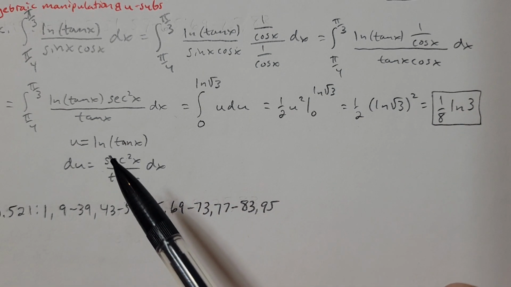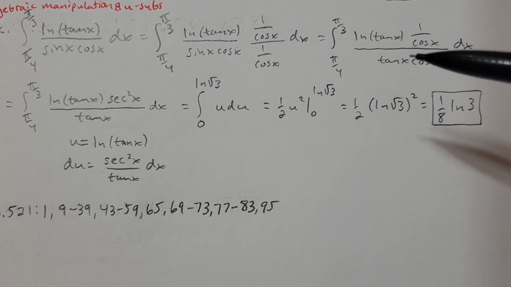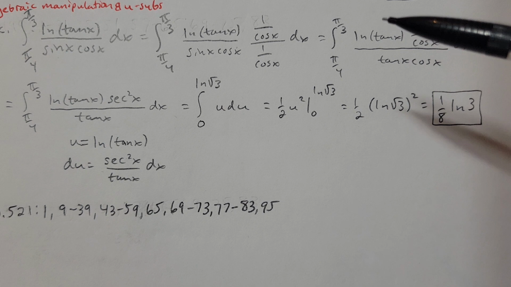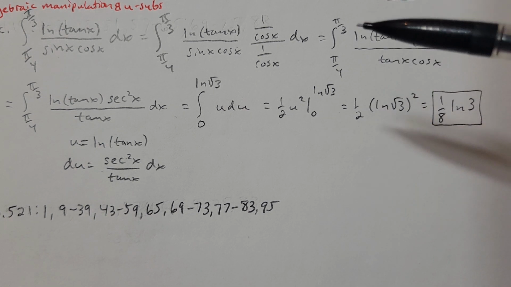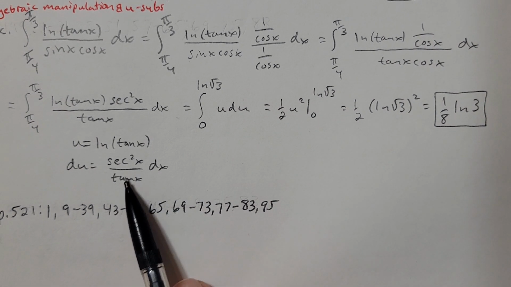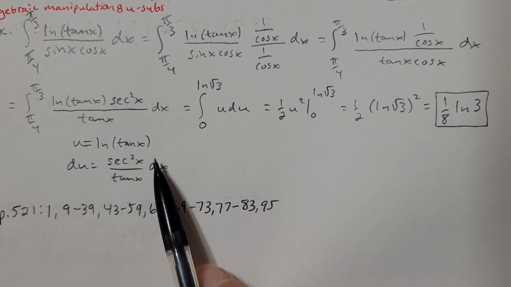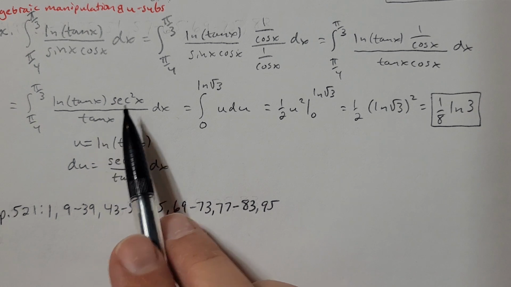But if we let u be the ln of tangent x, then the derivative of the ln of x is 1 divided by x times the derivative of x. So I got 1 divided by tangent x times the derivative of tangent x, which is secant squared x dx. Well, that's what I have in the numerator there. So I'll be able to knock out that part.